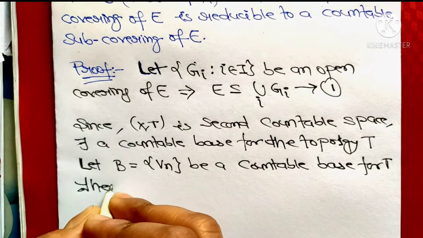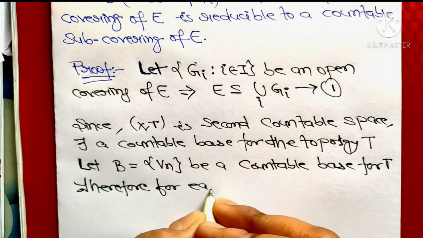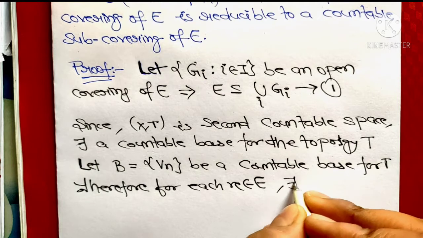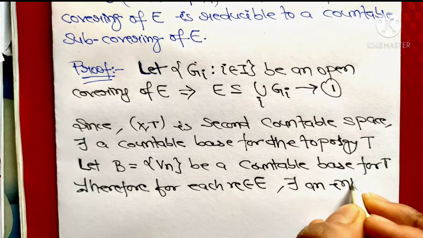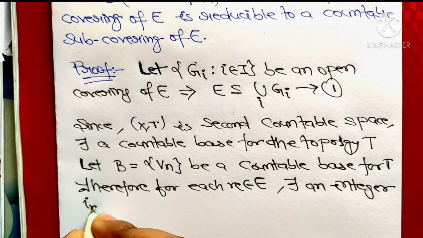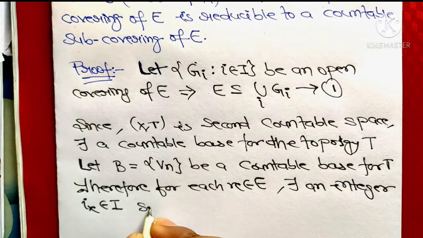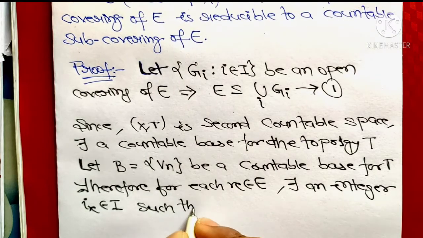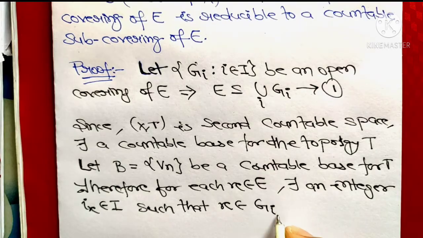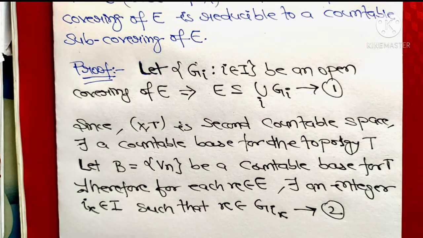Therefore, for each x belongs to E, there exists an index i_x belongs to I, which is the index set, such that x belongs to G_{i_x}. Call it equation 2.